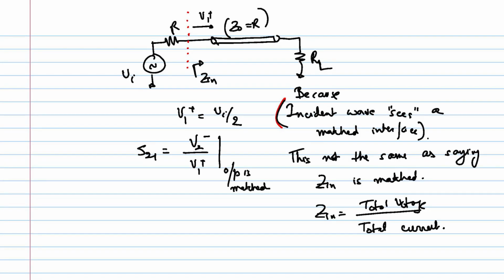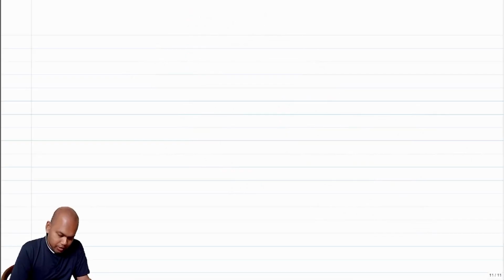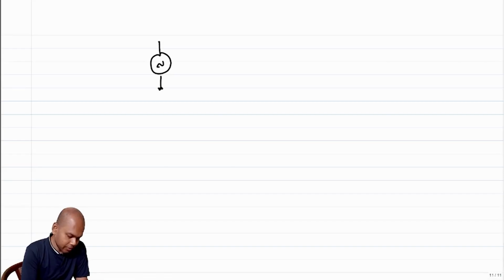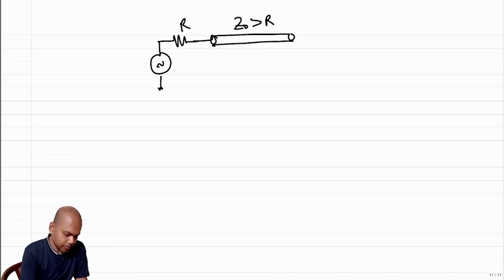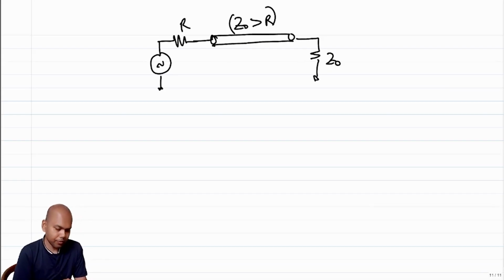When I say the input is not matched, let's say this is R and you have a transmission line with Z naught greater than R, and you have an output terminal Z naught which is matched.